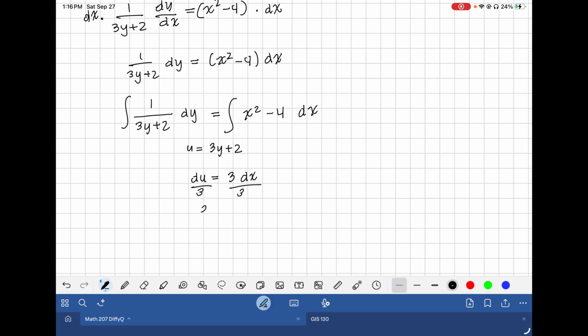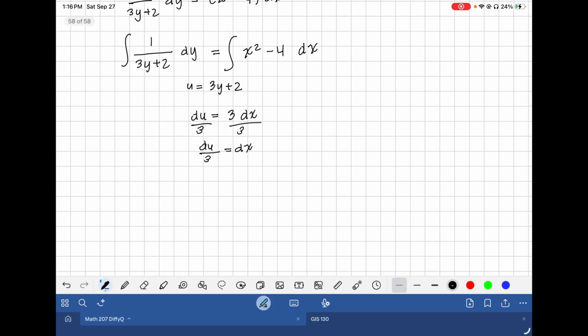Divide out the 3, du over 3 equals dy. And so we can now rewrite that. So it's going to be 1 over u, and then du over 3. We can pull that out. And then we have 1/3 integral of 1 over u du.